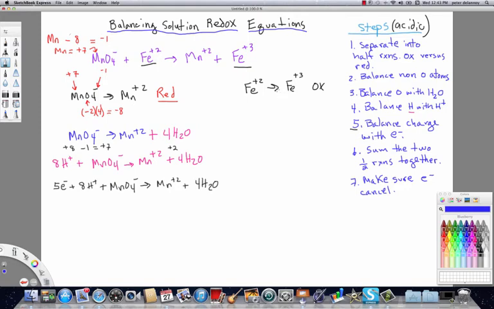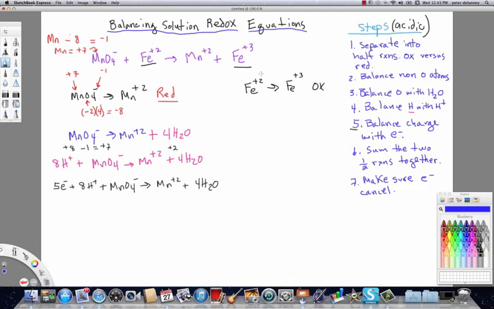All right, so we go back to the steps. We've already separated into my half reactions. Now we balance non-O atoms, and we see that the irons are 1-to-1, so there's nothing to do there. And we move to the O's, and since there's no oxygen involved in this, we're done with that. We move to the H's, and we see that there are no H's to balance. Now we move to balancing charge using electrons.